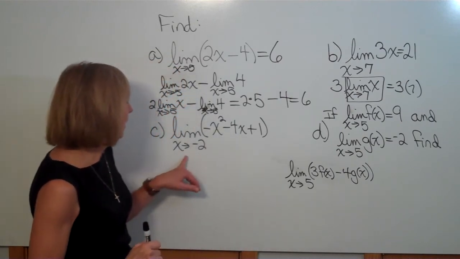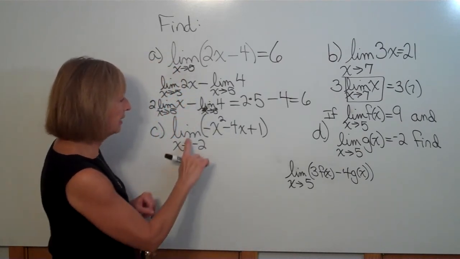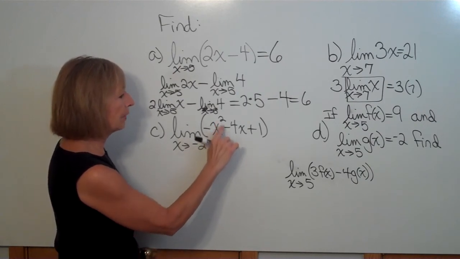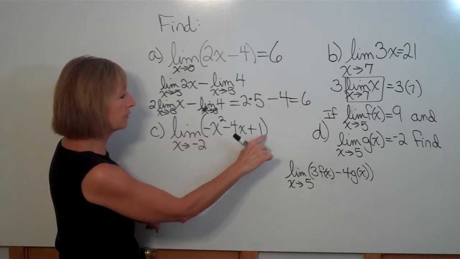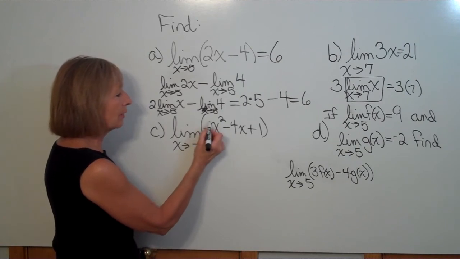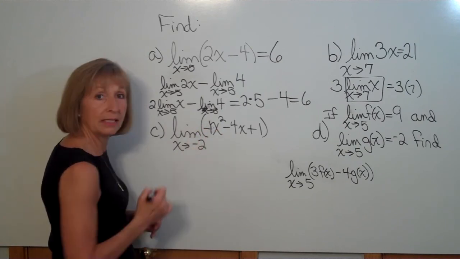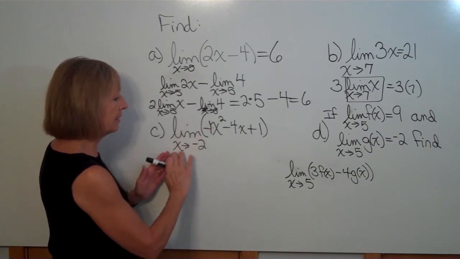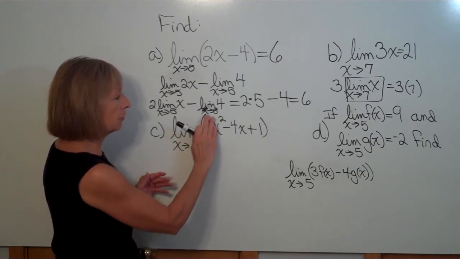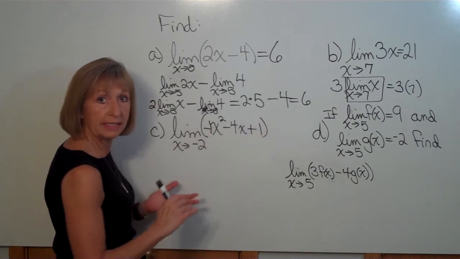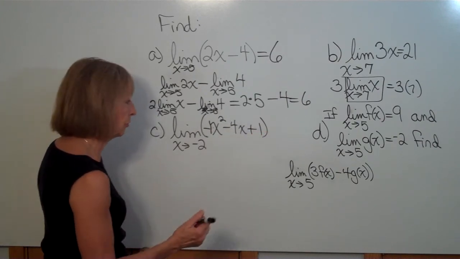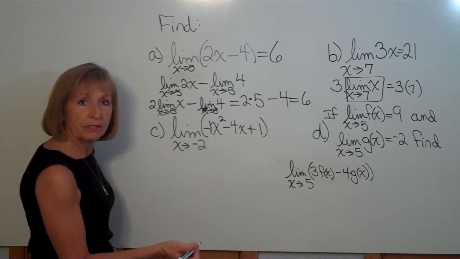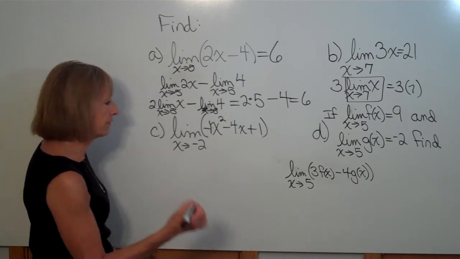Next up, I have part C, and this is the limit as x approaches negative 2 of negative x squared minus 4x plus 1. And that negative x squared, I can think of that as a negative 1 in front of the x squared. So first off, I'm going to say the limit as x approaches negative 2 of several different terms is the limit of each of those terms individually, because the limit of a sum or difference is the sum or difference of the limits.